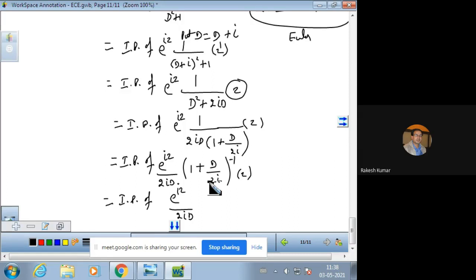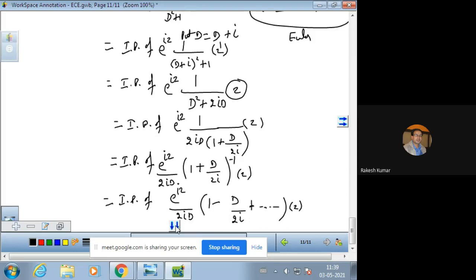So when you apply binomial factor, you will have 1 minus D over 2 iota, and the next term will be D square. D square means double order derivative of z. That will come out to be 0 always. So remaining terms लिखने की जरूरत नहीं.